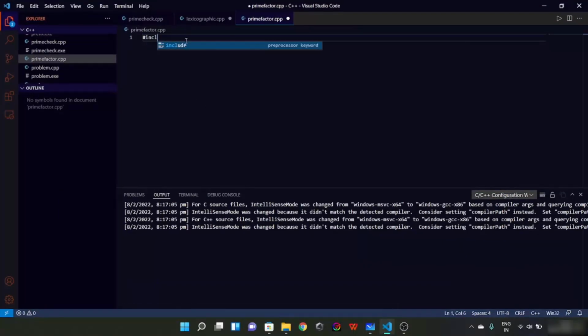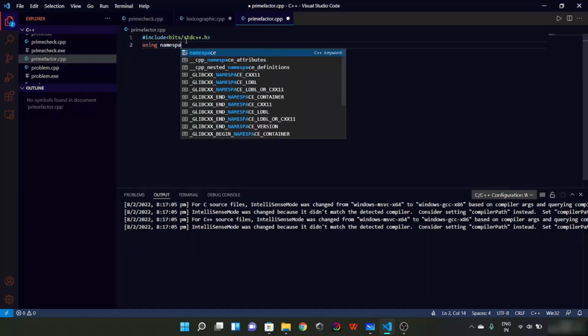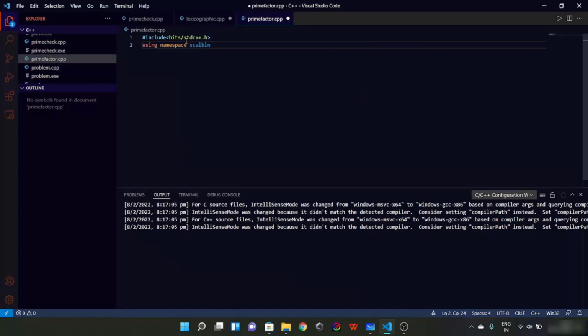Alright. Let's include the header file first. Let's have a main function where we'll have the divisor. It will be a user-defined divisor.